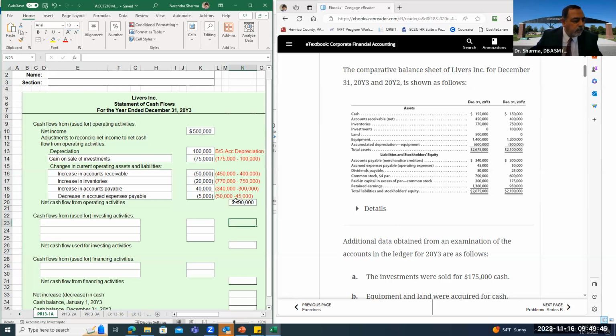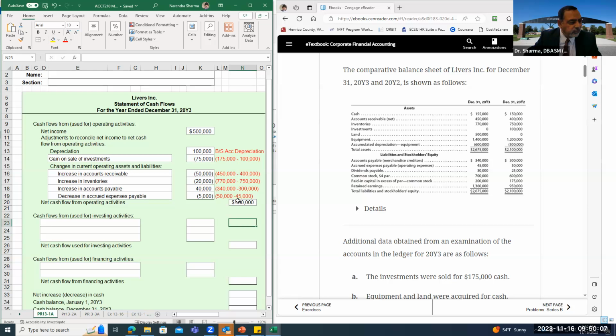So now you can see this is a net cash flow from operating activities of 490,000. How did I get that? Of course, this is a positive number, this is a positive number, and this is a positive number. I add all the positive numbers and deduct all the negative numbers, so we'll be getting 490,000.